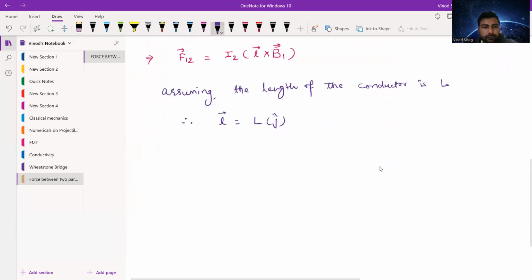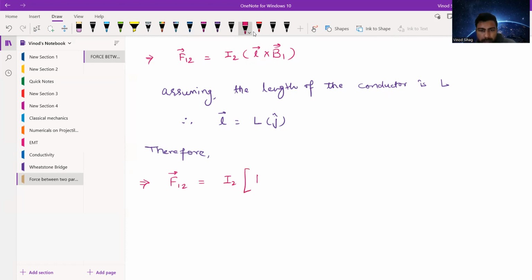Therefore, the force F12 vector will be equal to I2 times L vector, which is L into j cap, cross B1 vector.